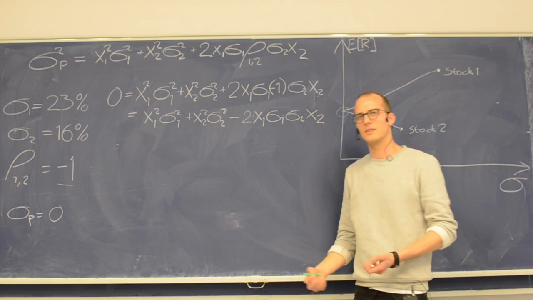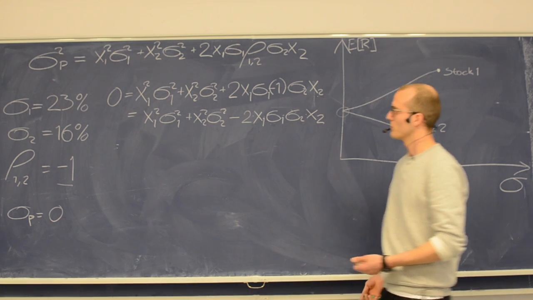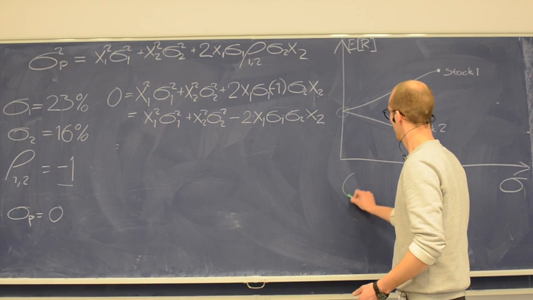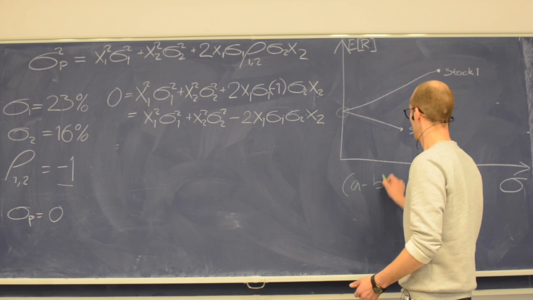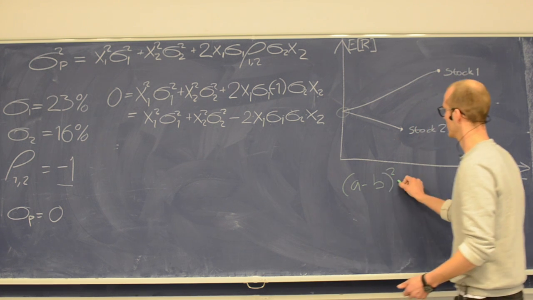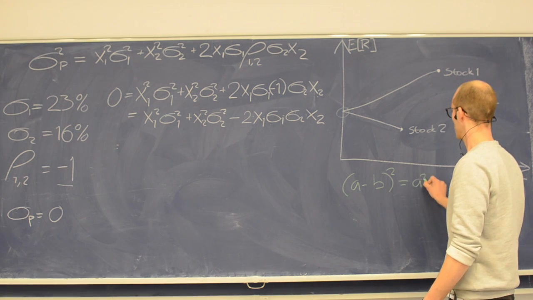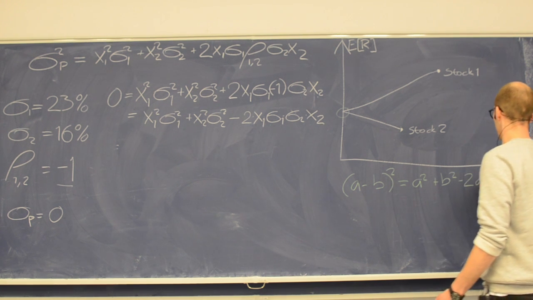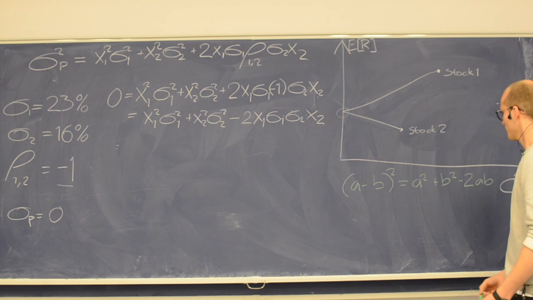Now this still looks a bit messy, but if we recall from mathematics, a minus b squared is equal to a squared plus b squared minus 2 times a times b.